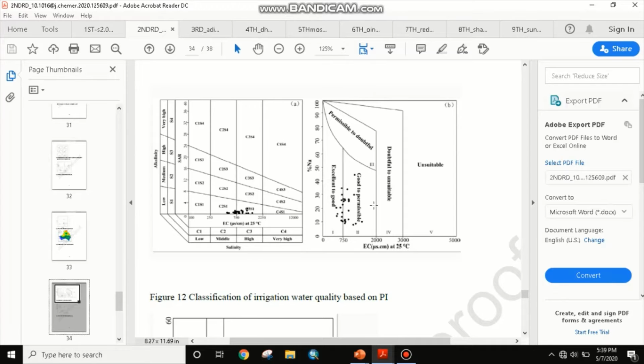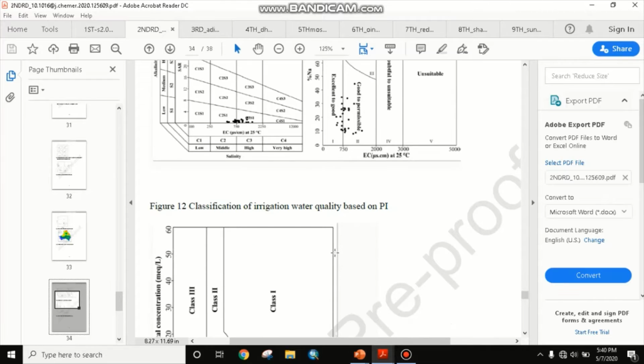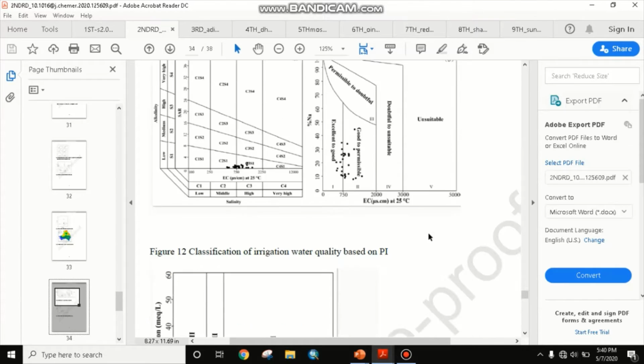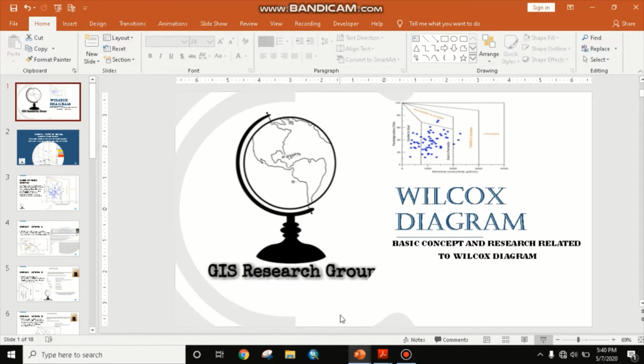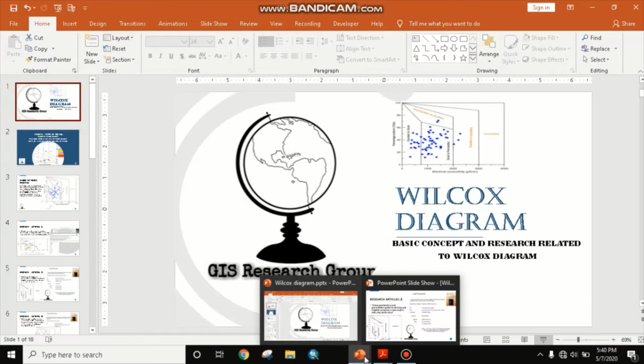Within this zone it is located. So we can say that the groundwater quality for irrigation for this region is very good to excellent. So this is the final interpretation from this data. So let's have a look at our next.